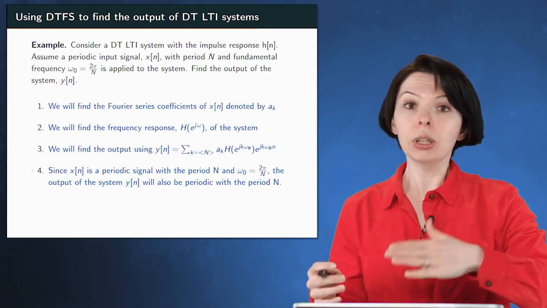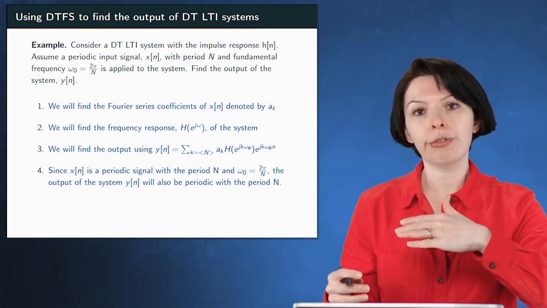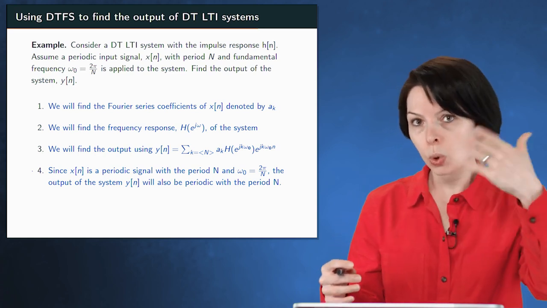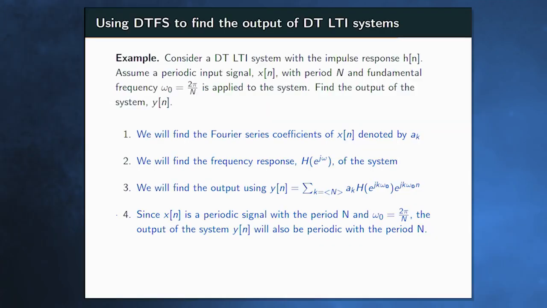The steps are similar to the steps that you took for finding the output of continuous time LTI systems to given periodic continuous time signals. These are the same steps, and more or less the process is similar. There are some differences, and one of them is that the synthesis equation for x of n is different from the one that you had for the continuous time case.